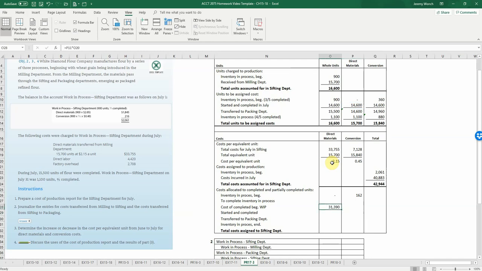There we go. So started and completed, 14,600 times our 2.15. And then for conversion cost, we also had 14,600 times our 45 cents.